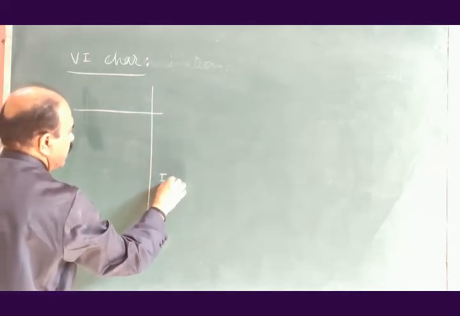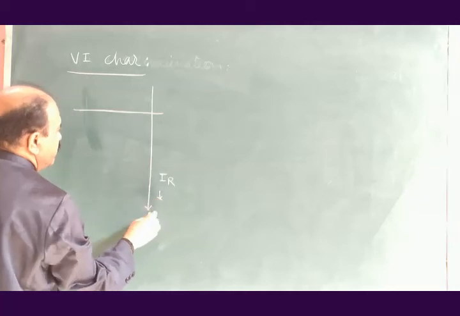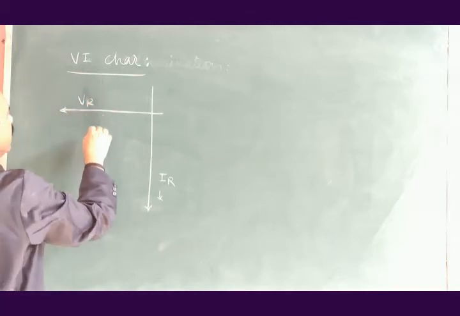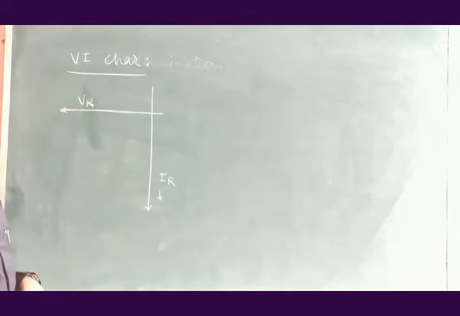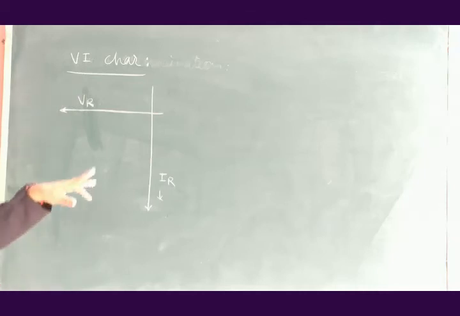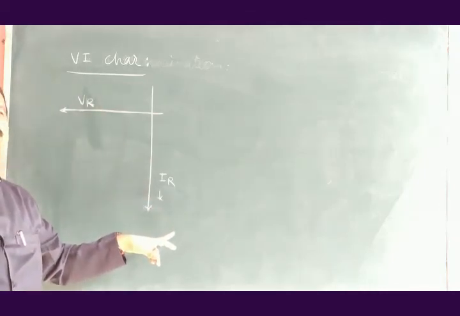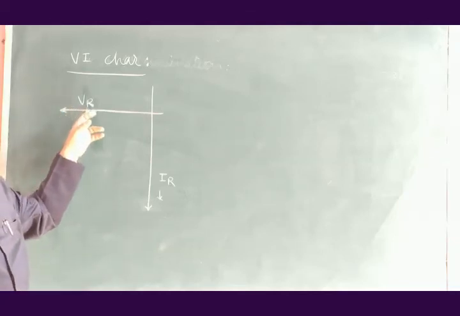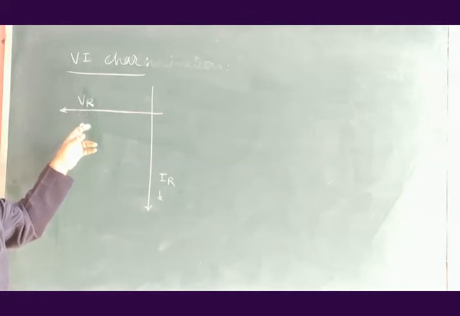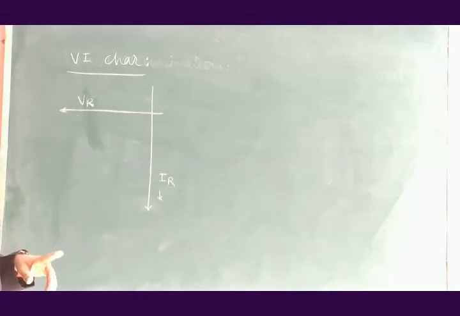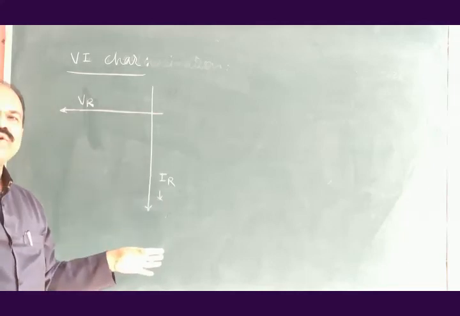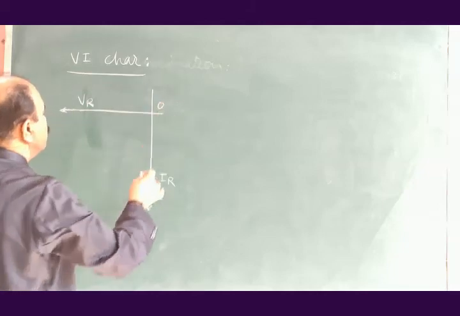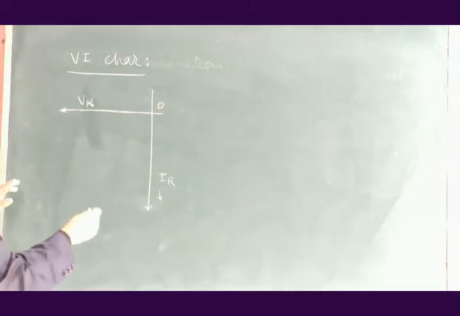Let me take current IR on the y-axis in the third quadrant and reverse voltage VR on the x-axis. This is negative, this is negative. The photodiode is in reverse bias and therefore the voltage given to the photodiode is negative. It is provided in regular steps and the current flowing through the photodiode is IR. Take this as 0 and then let us plot the characteristics.